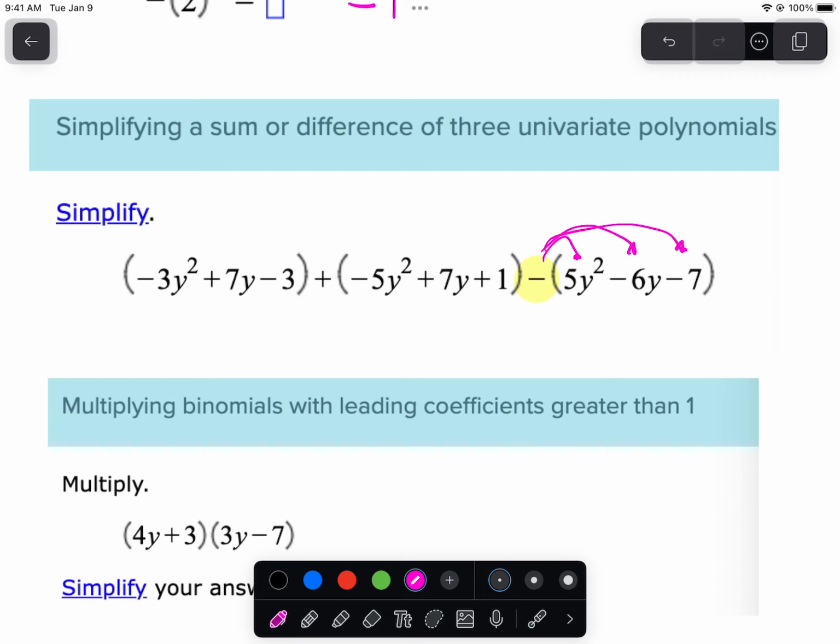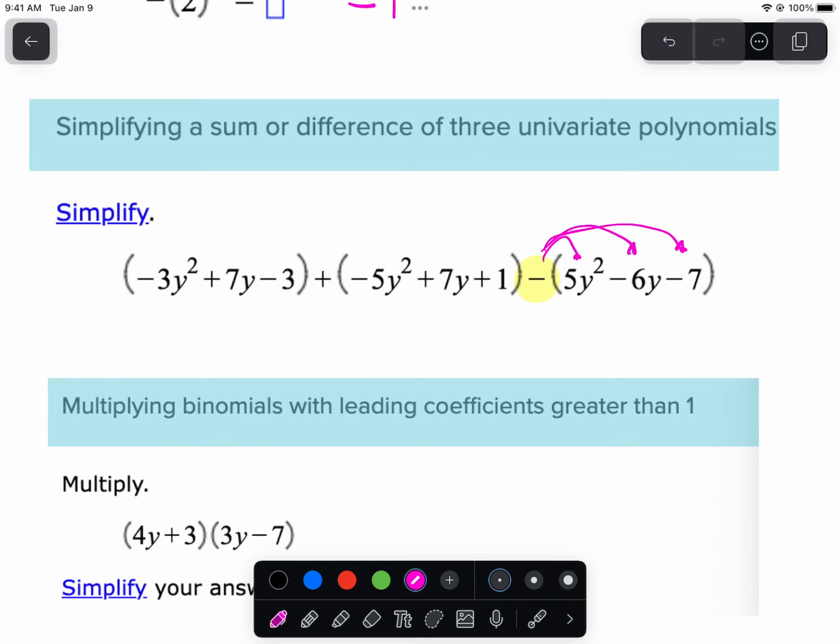Now, these front pieces here don't have anything or have a positive in front. If that's the case, that positive in front is like multiplying by positive 1. Does that change anything? No.